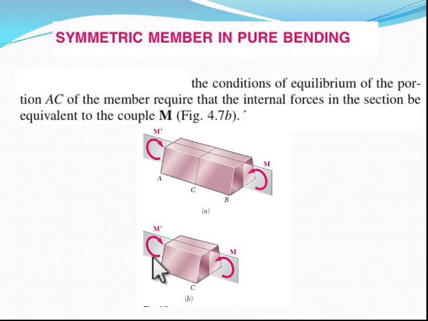Now we see that the M dash is the external moment and the forces within the cross section arrange themselves in such a way that the net reaction that is created is a moment which is equal to the external applied moment. This is a very important fact to understand.